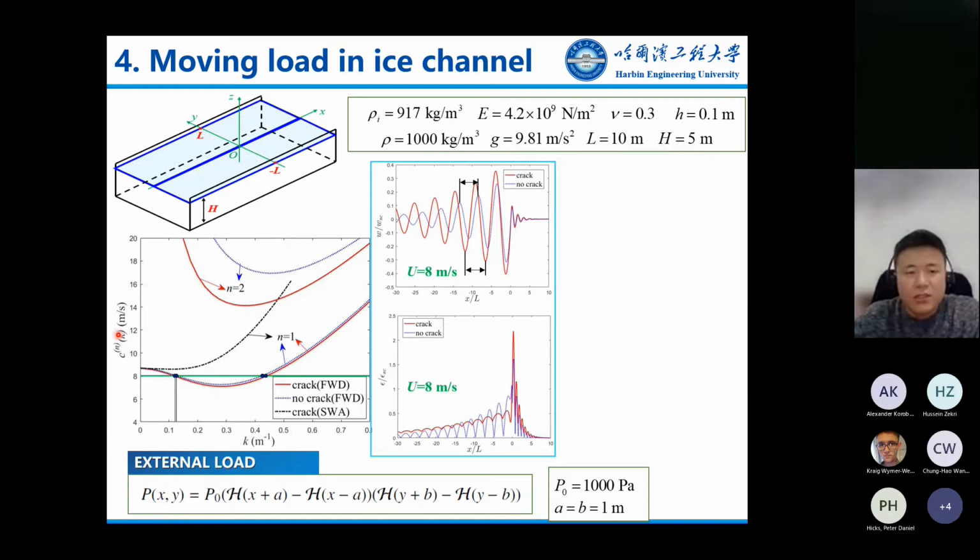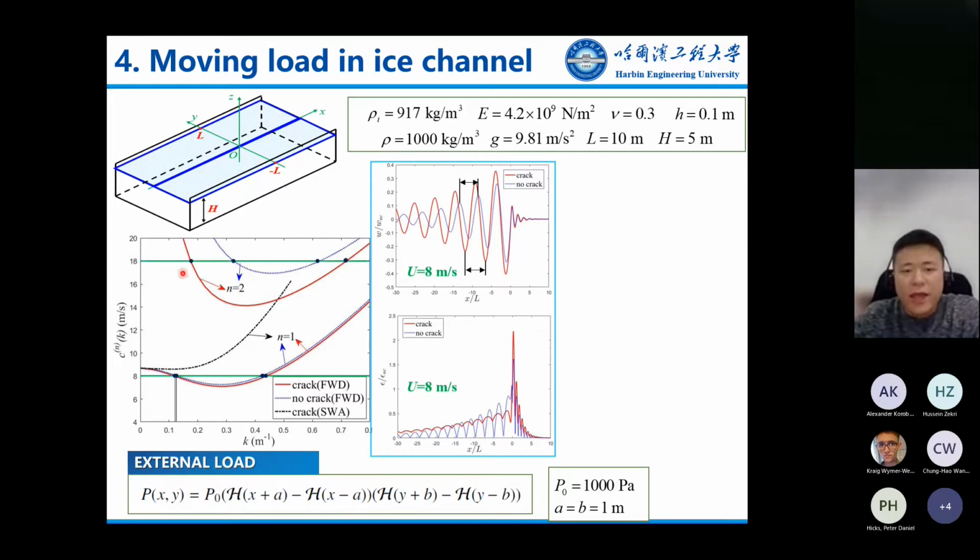We can see that the wavelengths of ice deflection for these two cases are close to each other because their first mode of the phase speed is close to each other. But the moving load induces greater wave amplitude and larger strain near the load for the ice sheet with a crack.